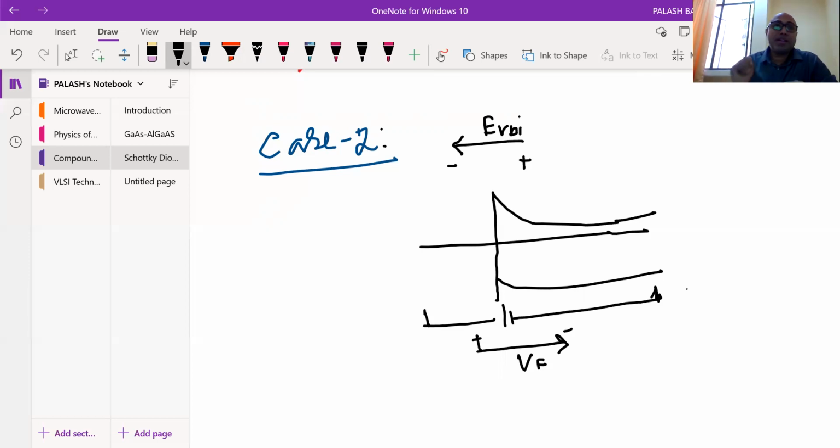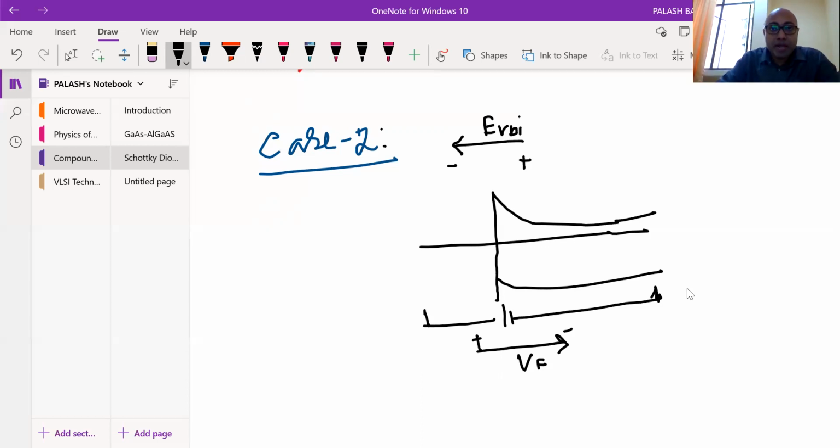Now the question is, what is the difference if we do this experiment with the ground potential or with plus minus? There is absolutely no difference, because the absolute value of potential doesn't have any meaning in the semiconductor industry. The meaning is the relative potential. You have a positive terminal, you have a negative terminal. What is the relative potential I'm giving?